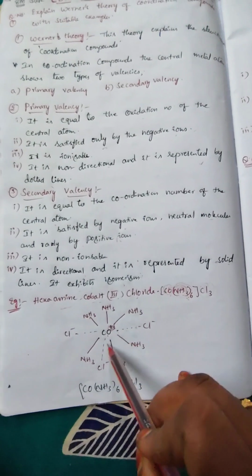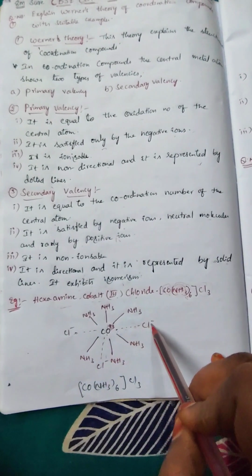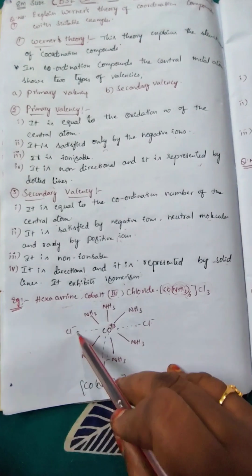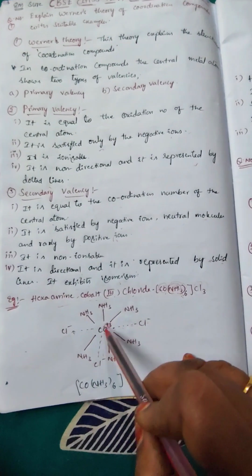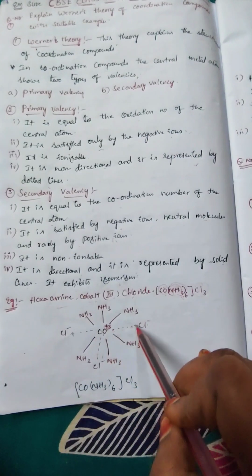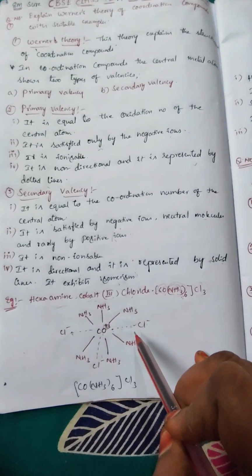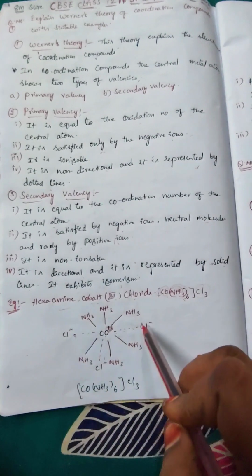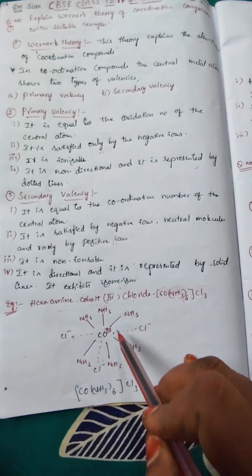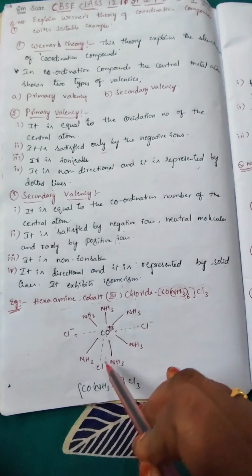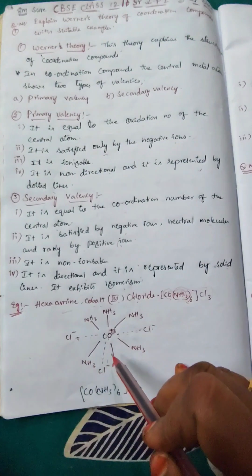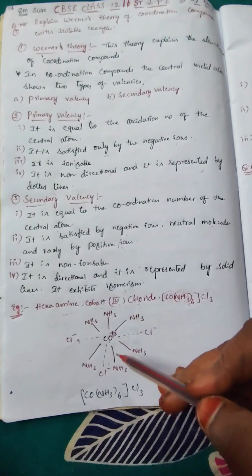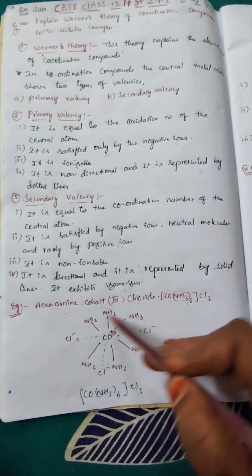How many dotted lines are there? 3: 1, 2, 3. So what is the primary valency of Co plus 3? 3. It is satisfied only by negative ions. These are the negative ions, and they are ionizable. It does not have direction. That's why this is primary valency.